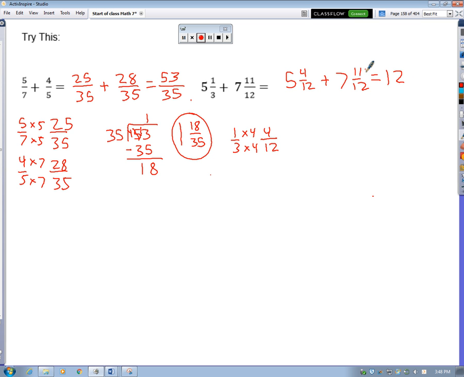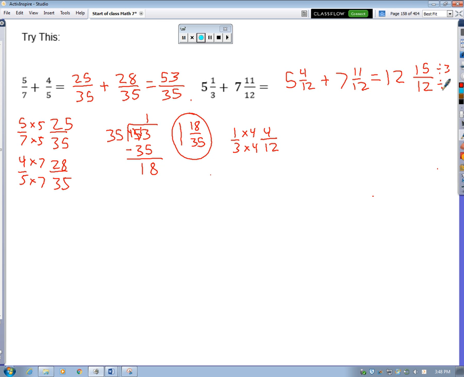My numerators, 4 and 11 is 15, and then I have 12 on the bottom. Okay, and it looks like I need to go some steps further because this is an improper fraction. Alright, and also I can simplify this because I know that I can divide both 15 and 12 by 3.